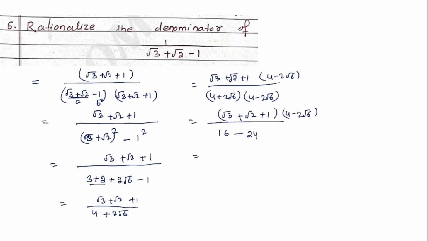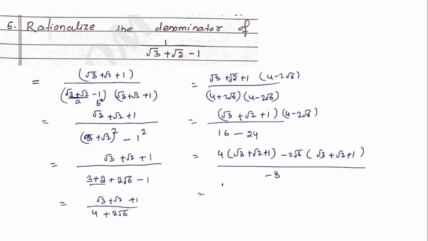Okay, now multiply 4 into something, that is 4 into root 3 plus root 2 plus 1, again minus 2 root 6 into root 3 plus root 2 plus 1, divided by 16 minus 24, that is minus 8.